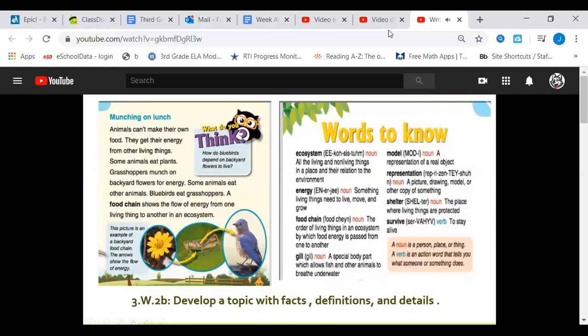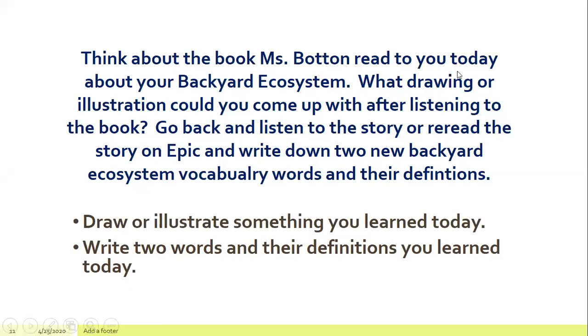And I want you to notice on many of the pages it had, what do you think? You can put fast facts or interesting facts, or put that question there on your page also to provide interesting information to the reader. I want you to think about the book Ms. Batone read to you today about your backyard ecosystem.